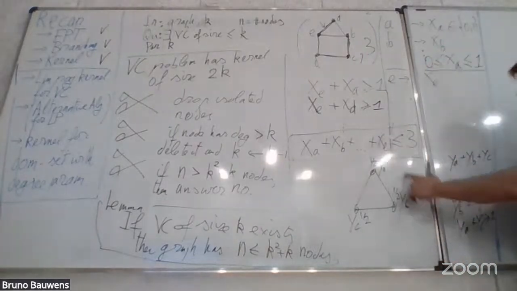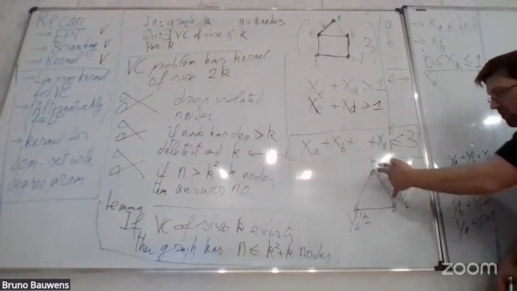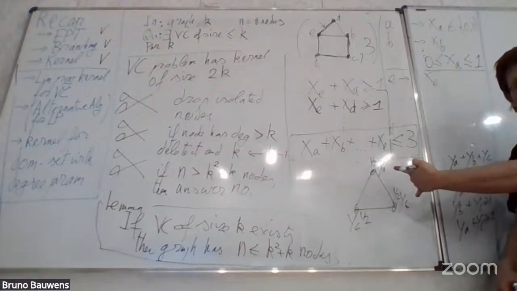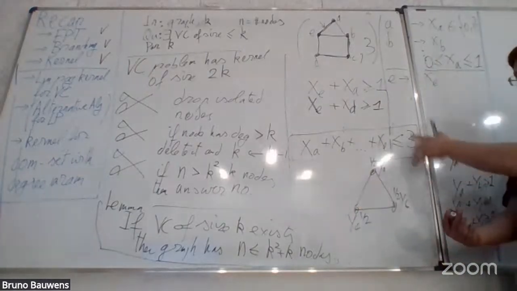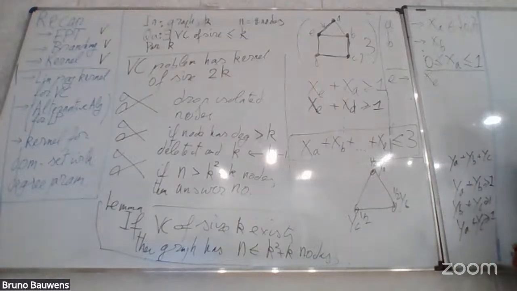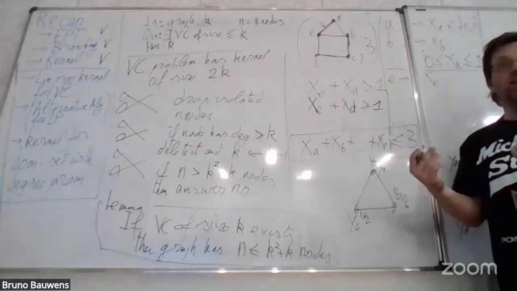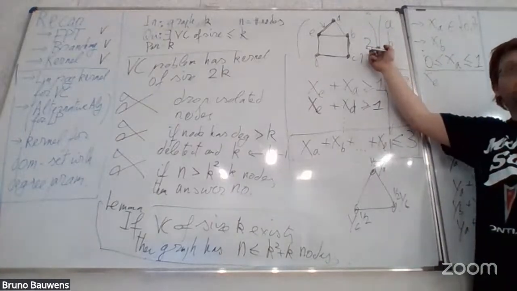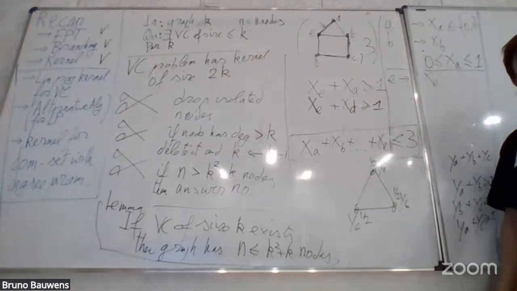Like in the triangle, here we get a sum of 1.5, while the minimal vertex cover is 2. So the fractional relaxation of this problem can give a smaller value. But imagine that the value we get is still bigger than the k we started with. Then we know there exists no solution.